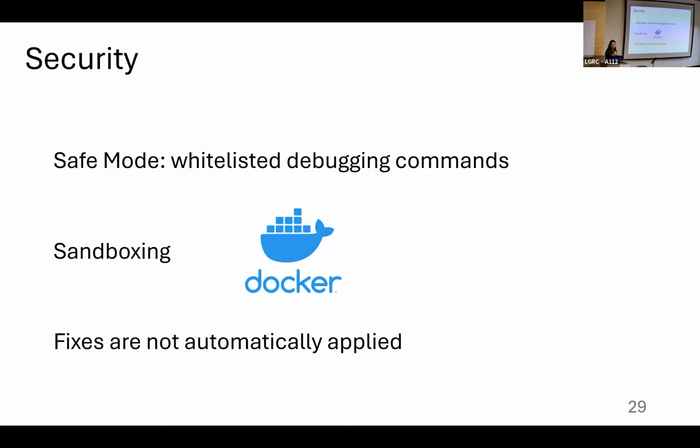Sandboxing is, of course, always a good way to prevent the LLM from doing any serious or wide-reaching damage. And then finally, ChatDBG isn't actually changing your source code directly. The LLM at the end of the day is just producing code suggestions, and it's up to you as the human user to apply those and then run your code with them.